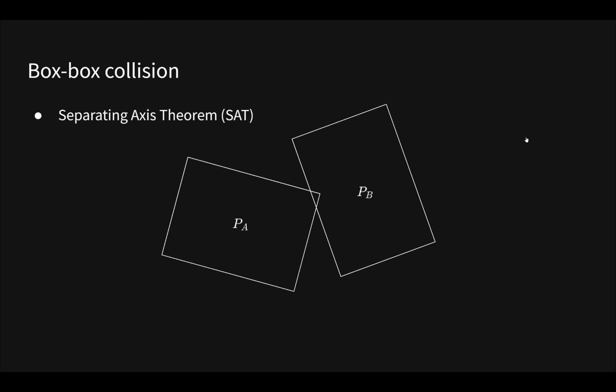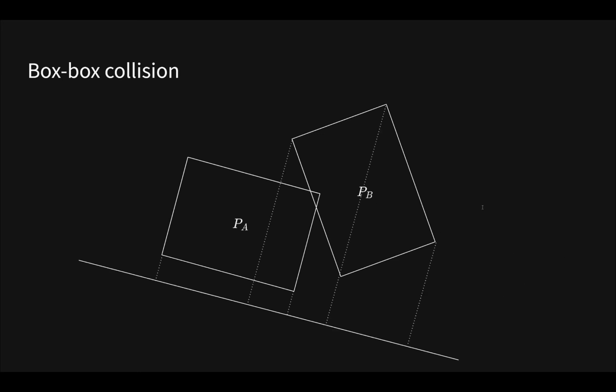Finally, I want to talk about box collision. This is more complicated because there are a lot of different edge cases. For this problem with these two boxes, we're going to solve it using something known as the separating axis theorem.